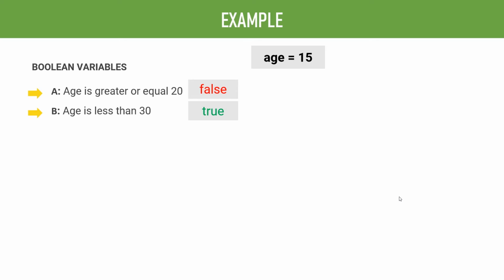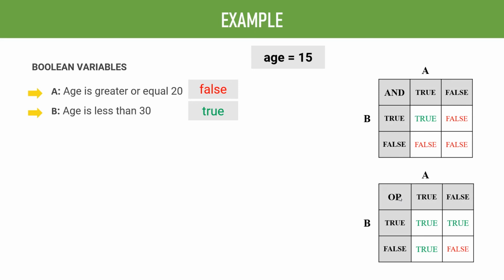So that's the baseline basically, and now we will start to combine these variables A and B using some logical operator. So the first exercise is NOT A, the NOT operator. We know right now that A is false, right?